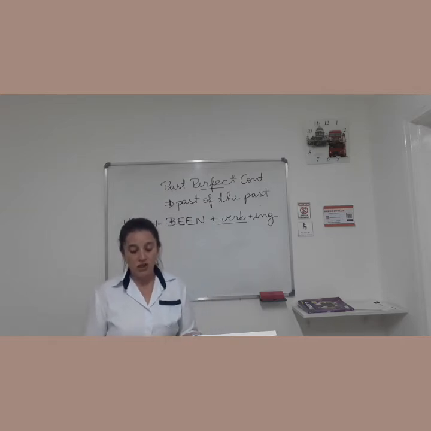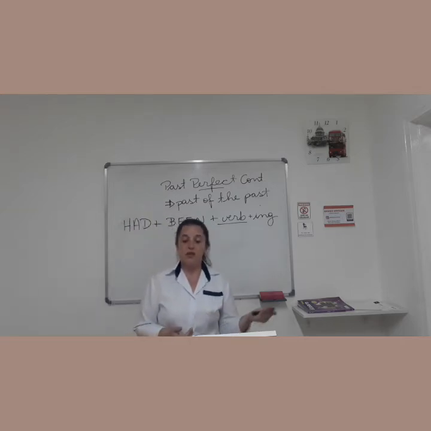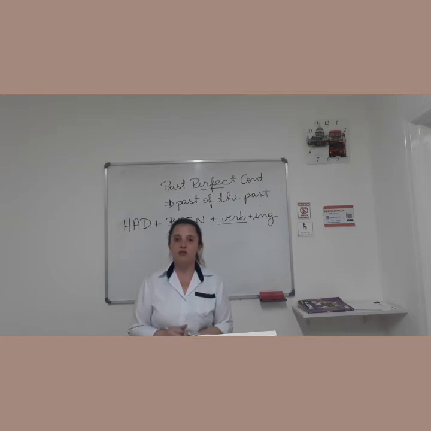So, for 5 minutes, for 2 weeks are both durations, which can be used with the past perfect continuous tense. These are only 2 examples, okay guys? Notice that this is related to the present perfect continuous. However, the duration does not continue until now. It stops before something else in the past.